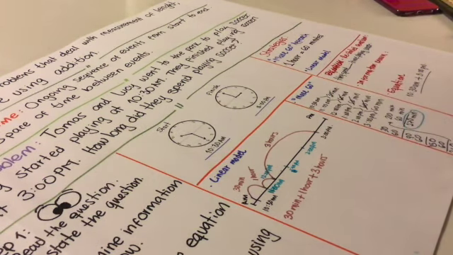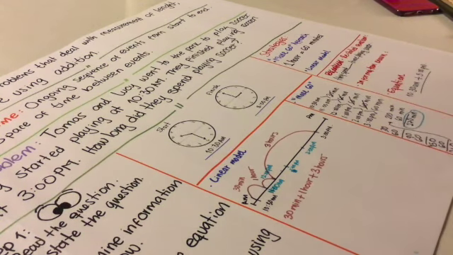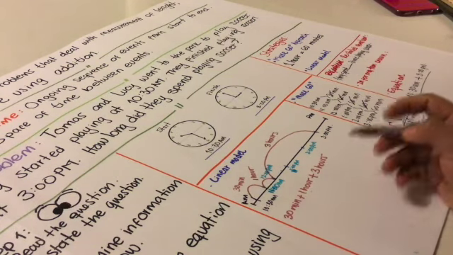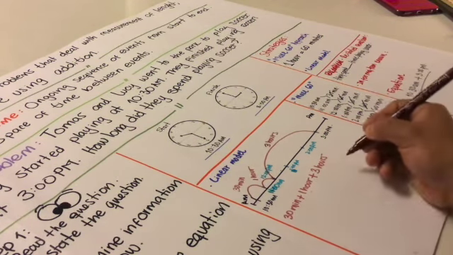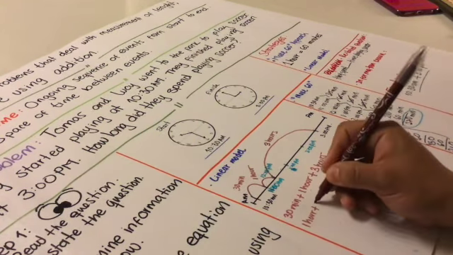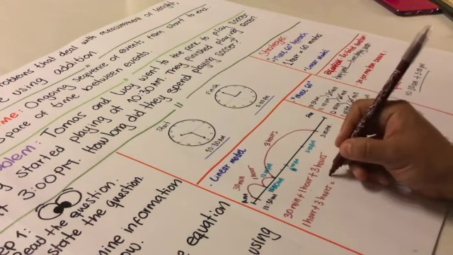Okay, so the first thing we're going to do is add the numbers that are similar, that have similar terms. So if I have hour here and hour here, I'm going to go ahead and add that up. So 1 hour plus 3 hours is equal to 4 hours.